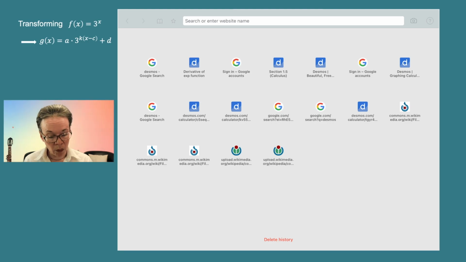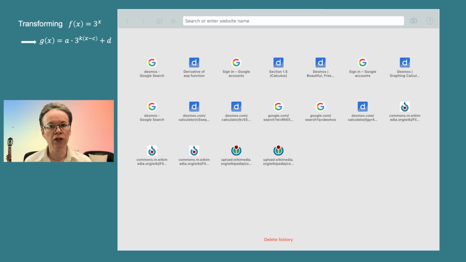Now here, we're going to see exactly what happens whenever we apply the transformations like a, k, c, and d. I want you to notice the effect of every single transformation. Now, because this is not the first time that you're studying transformations, I think that you can already kind of see what the effects of these parameters are, but it never hurts to review.